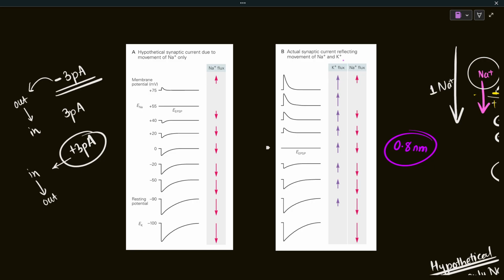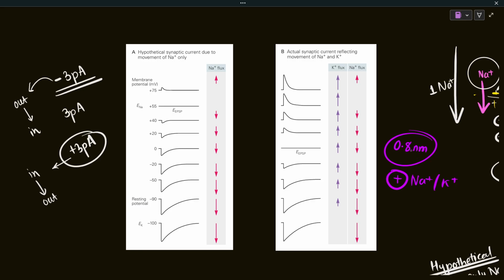So those receptors are not selective for single ions, but they do not let through anions due to the negative charge present on the ions. Ions with negative charge will not pass. Why they do not pass, we'll learn in the next lecture. They only let through positive ions, no matter whether it is sodium ion or potassium ion.